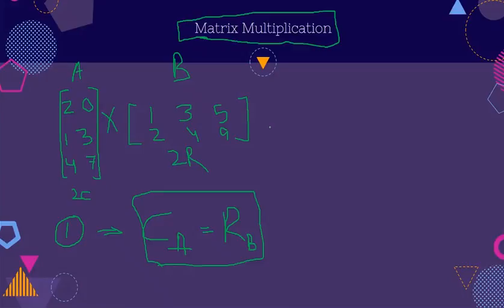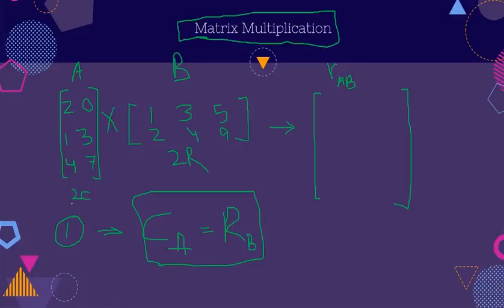So how are we going to do that? First of all, let's look at what the dimensions of the resulting matrix will be. I'll call this R subscript AB because this is the resulting matrix of the multiplication of A and B. This is just some notation I use. Now let's look at how many rows this has.